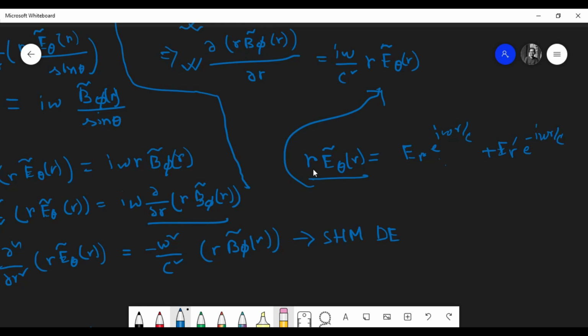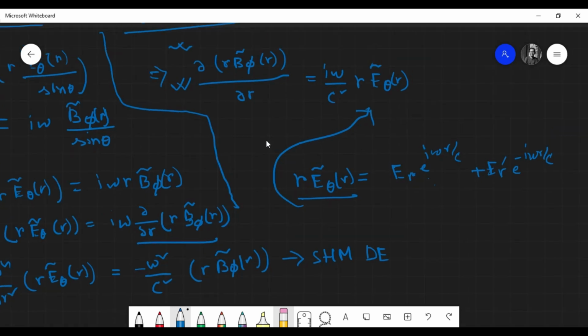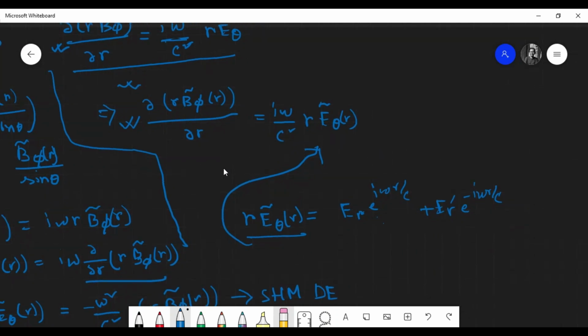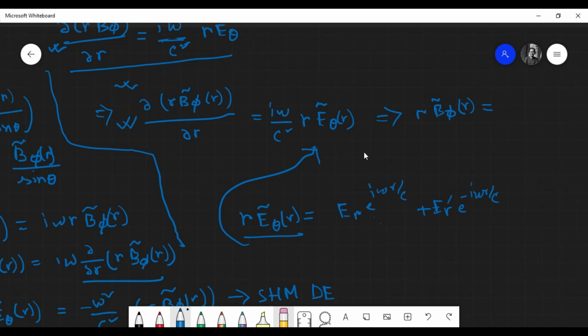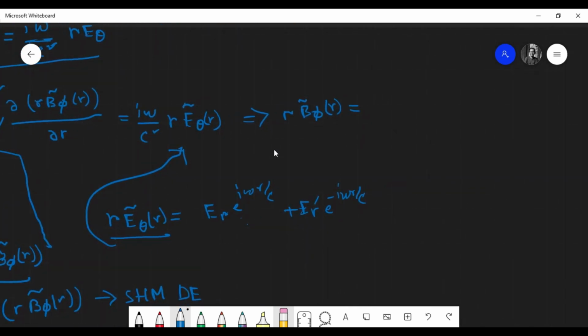As you can see, I would just have to integrate this function with respect to r to get this B phi expression. As I'm integrating, let's write the terms in front of it first.